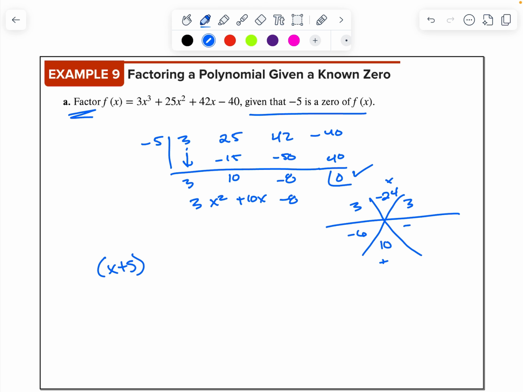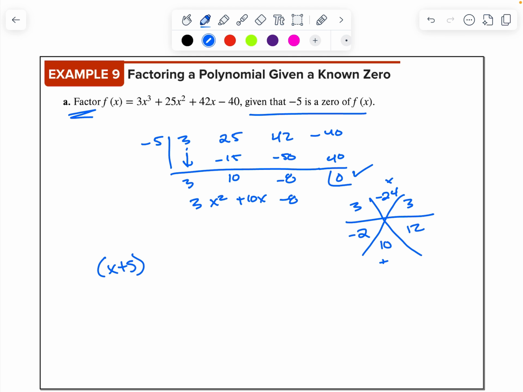Seems like the magic combination. -6 and -4. I'm sorry, they don't multiply to -24. They multiply to +24. That doesn't work. All right, how about 8 and 3, 6 and 4, 2 and 12. So how about -2 and +12? Those multiply to -24, and they also add to +10.